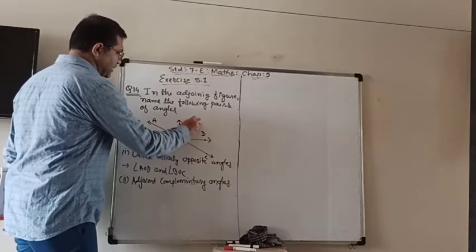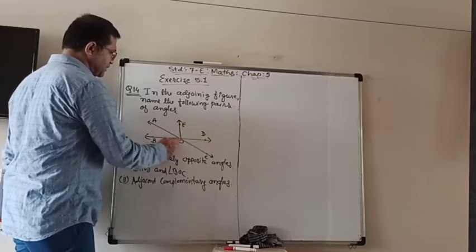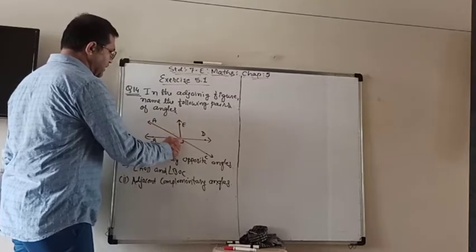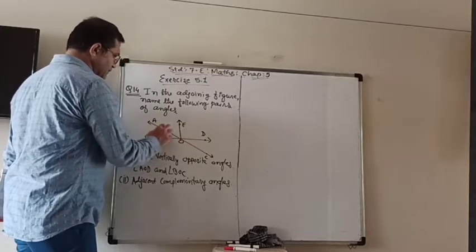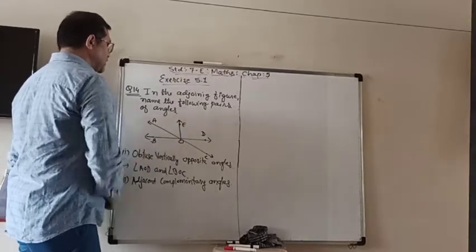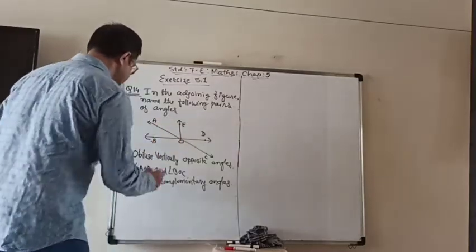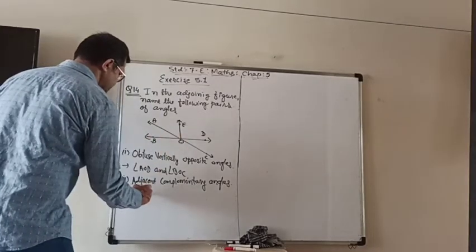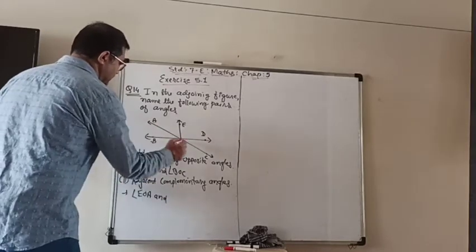But here there are no adjacent angles with it. But here, if you add those two angles, it will become 90 degree. So those angles, angle AOE and angle AOB, are adjacent angles also because they have a common vertex, a common arm and non-common arms on the opposite sides, and they make 90 degree. So the answer is angle EOA, or you can write AOE, not a problem, and angle AOB.